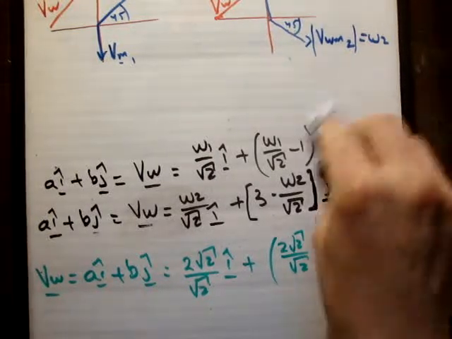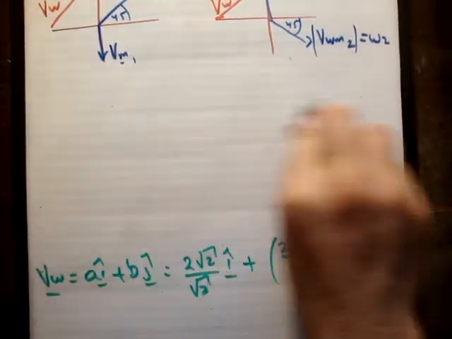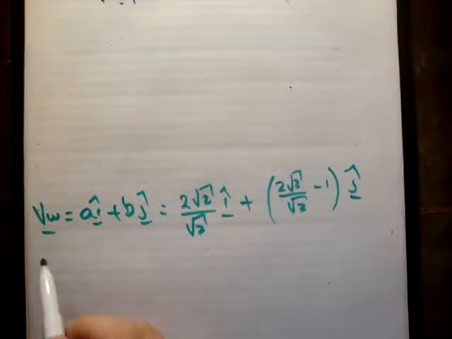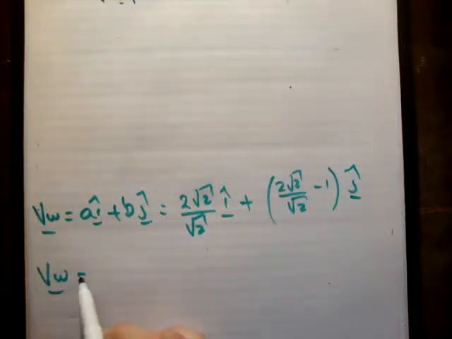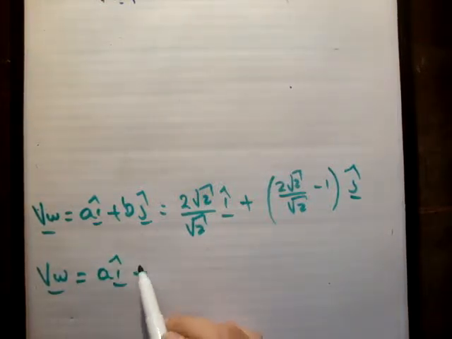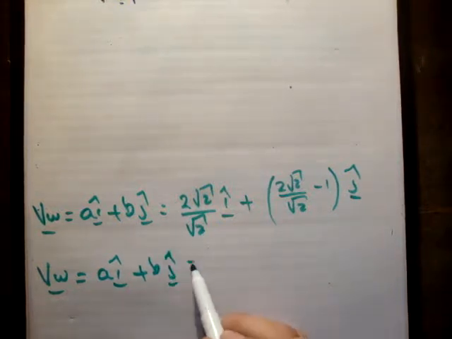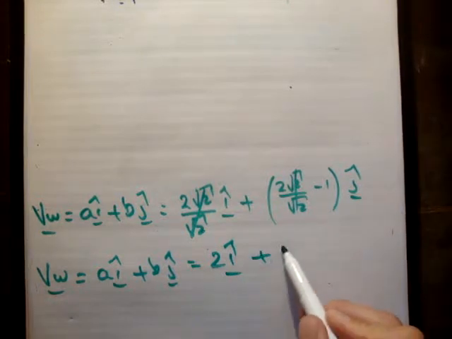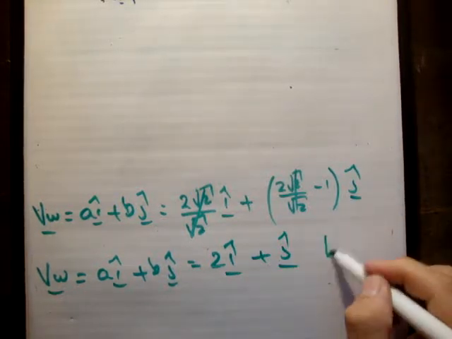I'll just get rid of these now just for clarity, we don't need those anymore. And we're going to get that VW is equal to a i hat plus b j hat is equal to 2 i hat plus j hat. And that's correct.